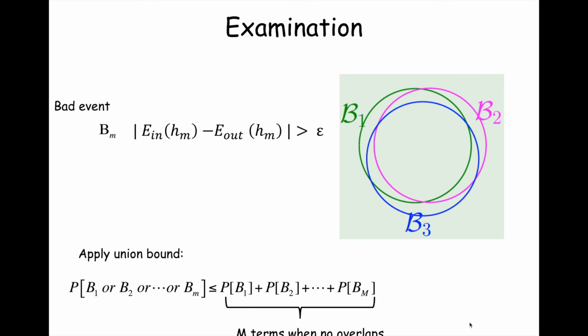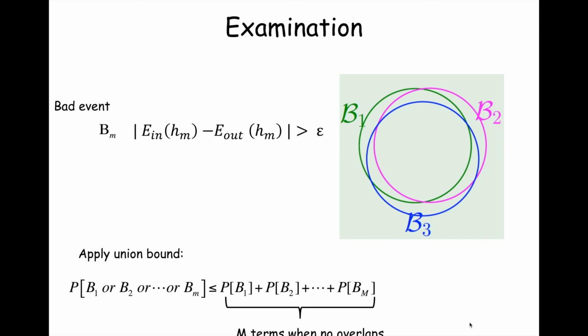Here, if we were to draw a Venn diagram, in the case where we're searching through hypothesis space for some final best hypothesis that best coincides with a ground truth target function, we have B sub m representing a single bad event for each of the big M many hypotheses, corresponding to your learning algorithm searching through hypothesis space.